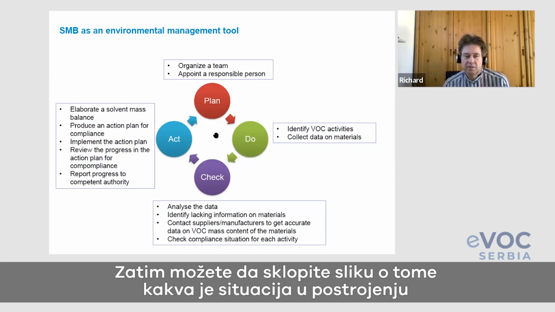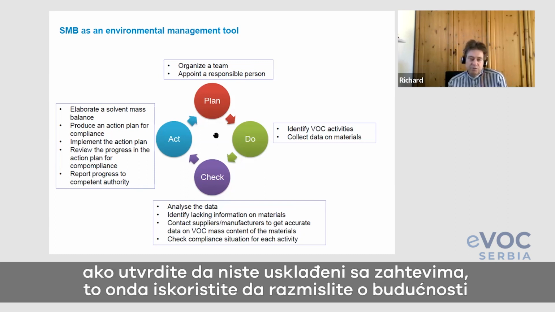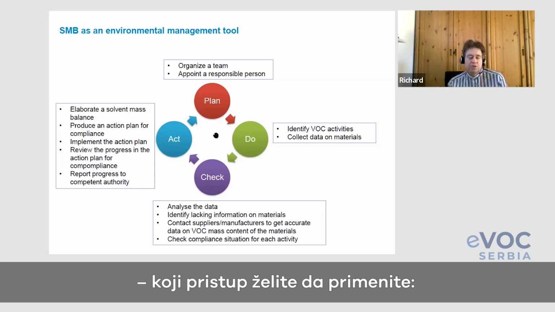Then you can make a picture of the situation of your installation. And if you find out, when you elaborate a solvent mass balance, that you have no compliance, you can then use that as a chance to think for the future. What approach do you want to take?